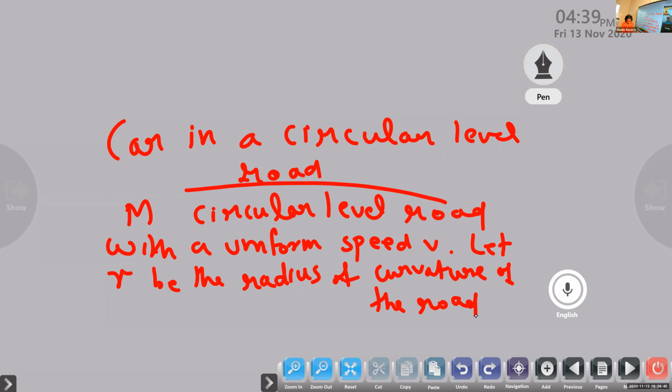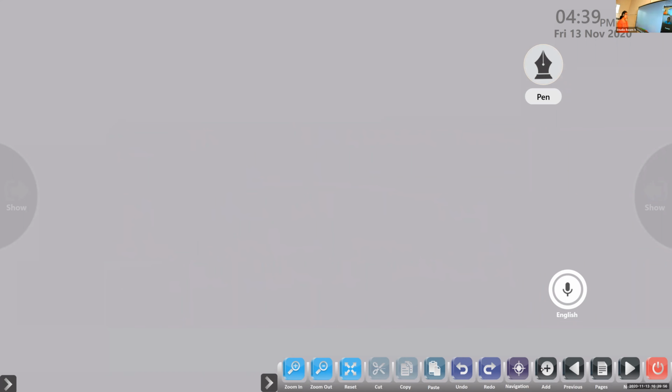The forces which are acting on the car are, so we are going to first find out which are the forces and their opposite reaction forces. One you already know.